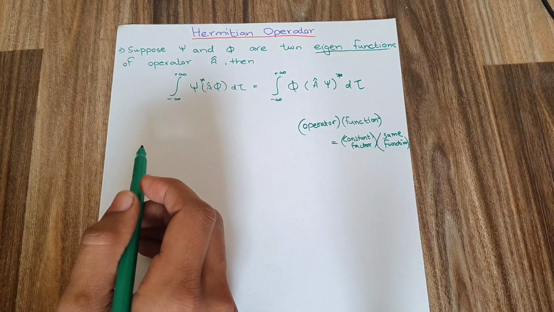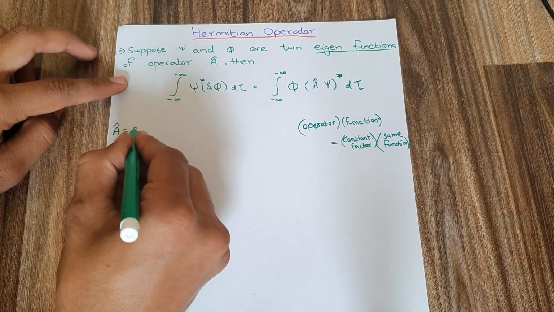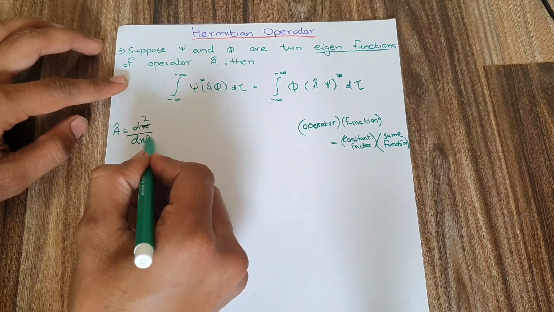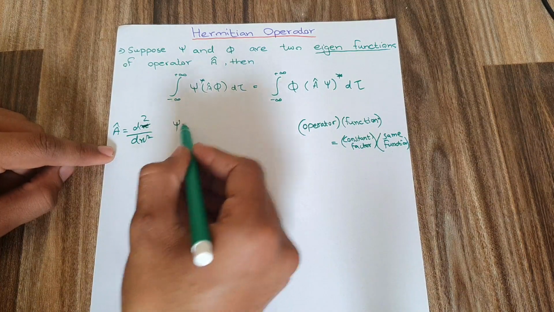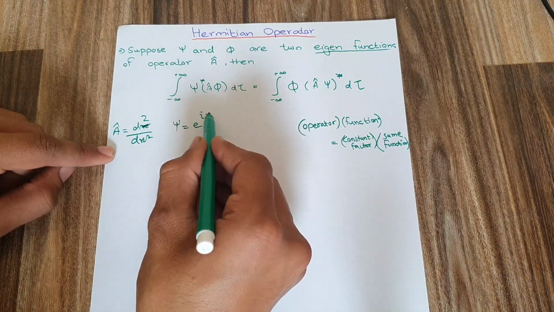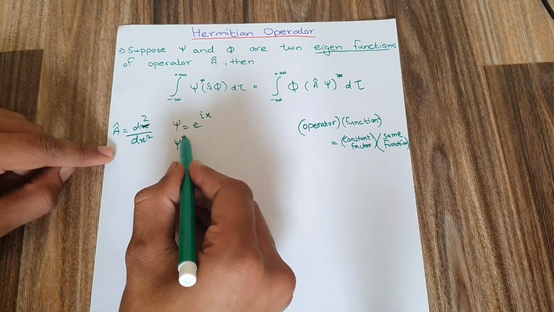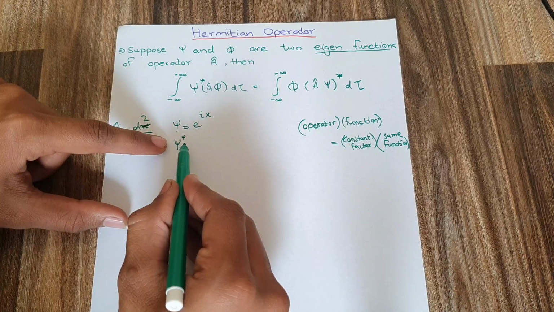Let's take the operator equal to d squared over dx squared. I have taken psi equal to e raised to the power iota x. What will be the complex conjugate, psi star?